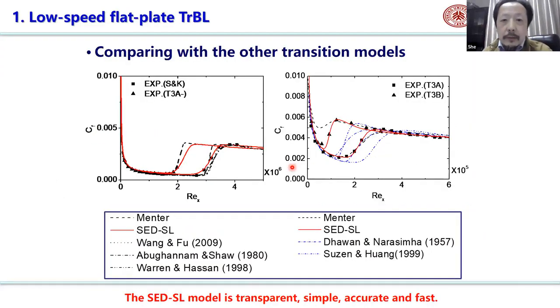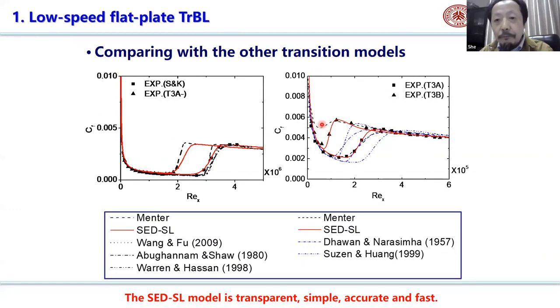Let's try to see how this compares with other prediction models. Essentially, the prediction models are the Menter model, the most famous and most widely used, and there are a few other teams who improved the Menter model. Here for the T3A and T3B, as you see, the Menter model predicted T3A pretty well, but T3B is not.